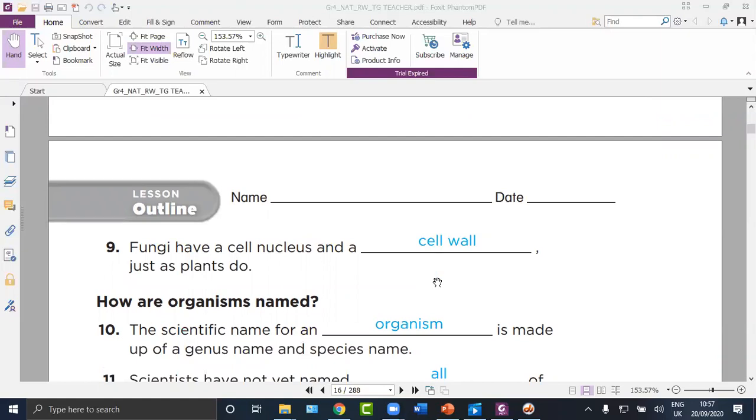The scientific name for an organism is made up of a genus name and species name. Yes. Number 11.